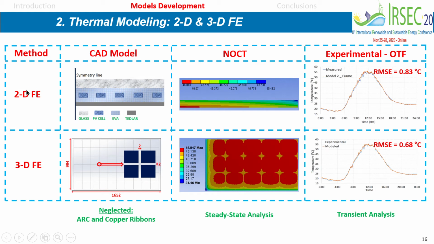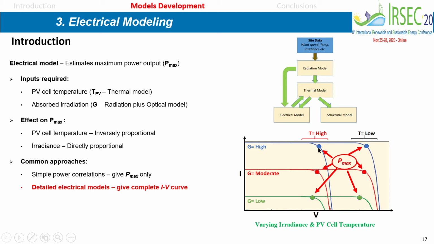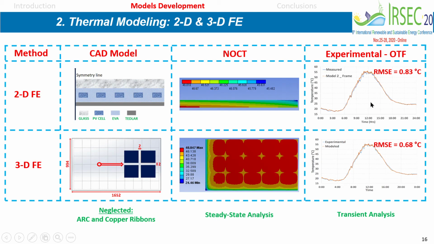As you can see here, the first row is 2D finite element, and the second row is 3D finite element, and in both we show the CAD model, and this is the NOCT, which is steady state analysis, but the transient analysis, by taking 1 day and simulating in Qatar the temperature of the back sheet of the panel that is considered, we can see that we have very good accuracy with the root mean square of 0.8 and 0.6 in 2 dimension and in 3 dimension.